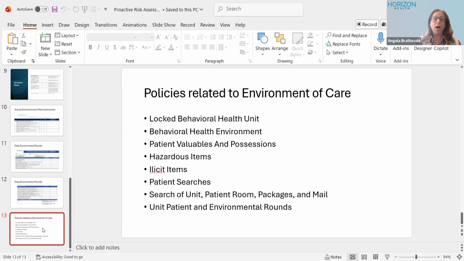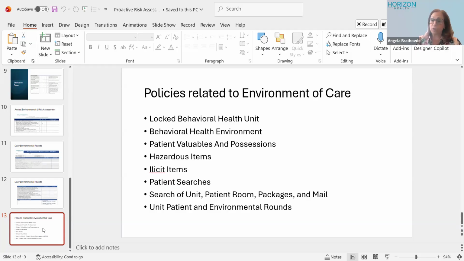So your policies related to your environment of care, your locked behavioral health unit, your access, the Sally port, the way you allow people to come in, that they can only be buzzed in by staff, so they know exactly who's coming in and out, the behavioral health environment, and looking at safety risks in the environment, patient valuables and possessions, hazardous items, illicit items, patient searches, search of unit, patient room, packages and mail, and unit, patient, and environmental rounds.